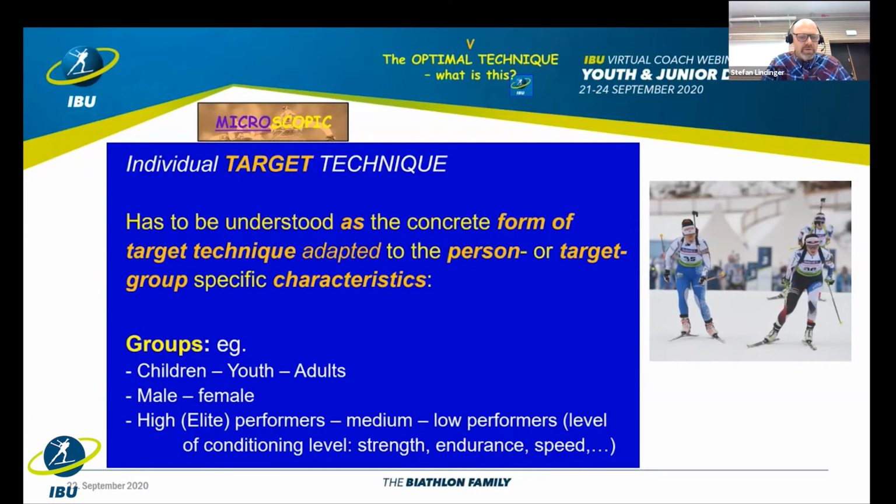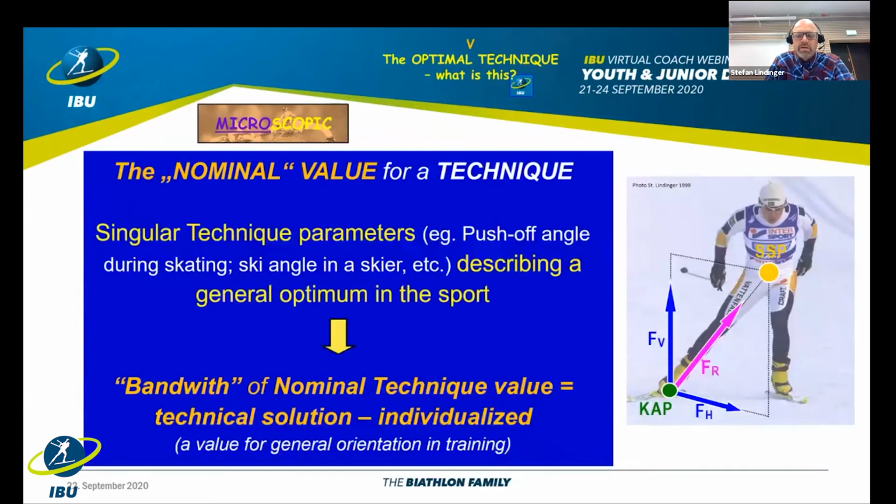And we have high performance, we have medium or low performance, depending on the training age and in general on the conditioning level. So those things have to be absolutely focused on. And then we have something like a nominal value. So that's kind of this optimum. It's singular technique parameters like push-off angle during skating, ski angle in a skier, describing a general optimum in the sport.